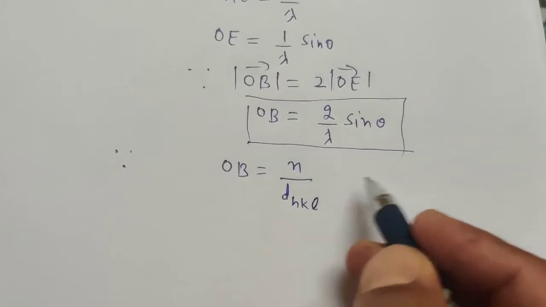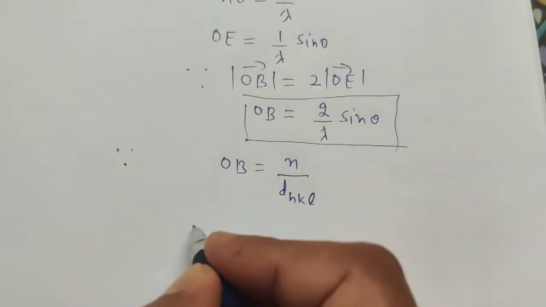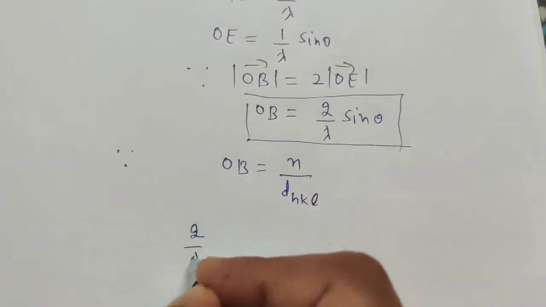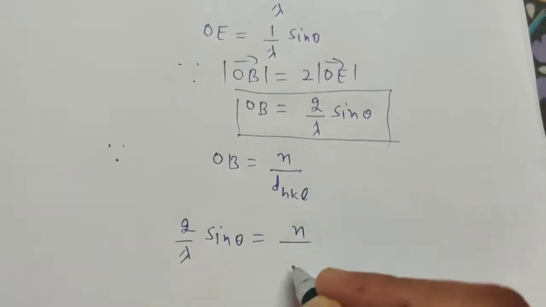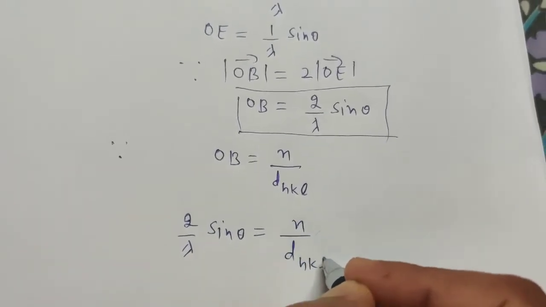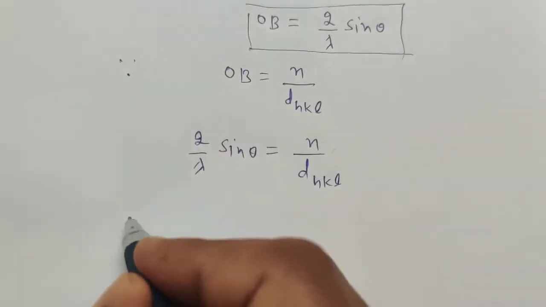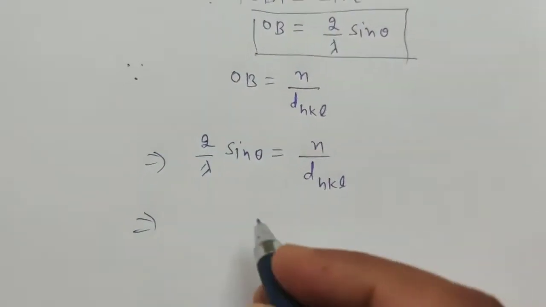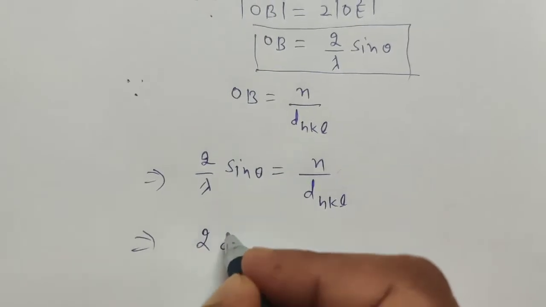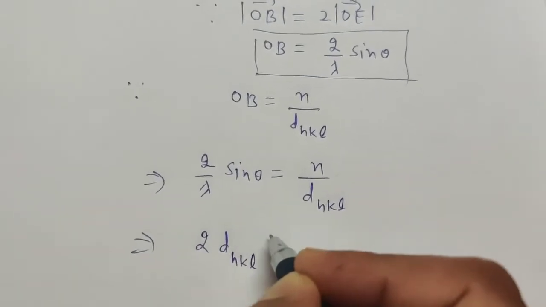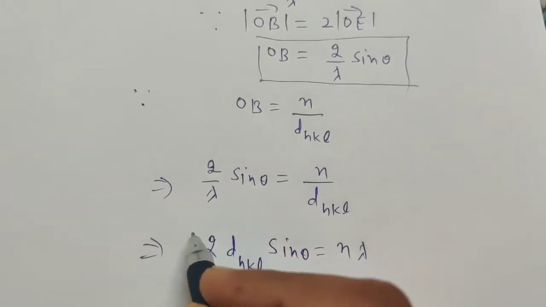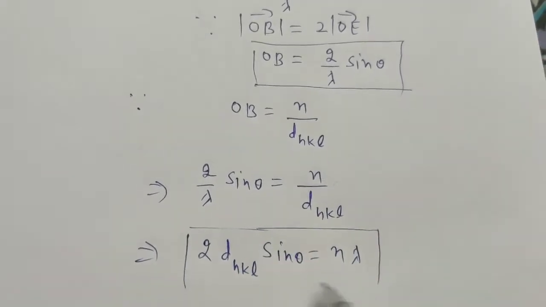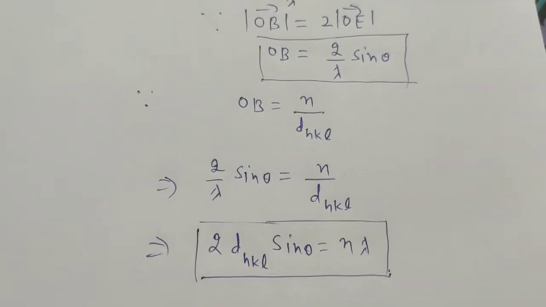Therefore, equating these equations, you will get 2 upon lambda sine theta is equal to n upon d HKL. By rearranging, this will be 2 d HKL sine theta equals n lambda, and this is nothing but Bragg's law.